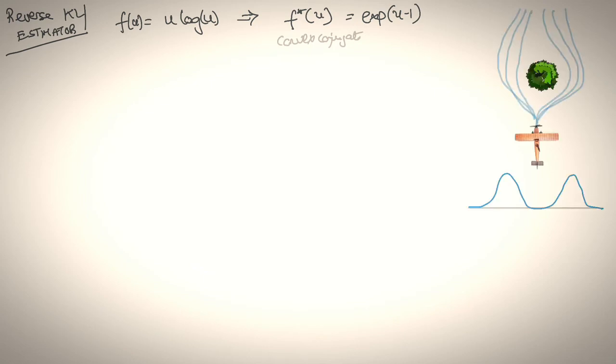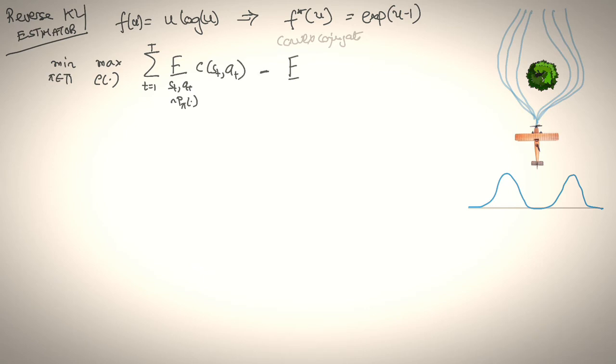Okay, so let's bring back our favorite example of flying either left or right around the tree. Let's see what the f-divergence game gives us, right? So we are minimizing over pi, maximizing over cost functions. The payoff is the cost of the learner minus the cost of the expert pushed through an exponential map.